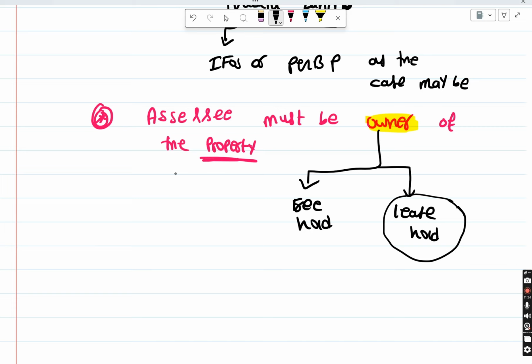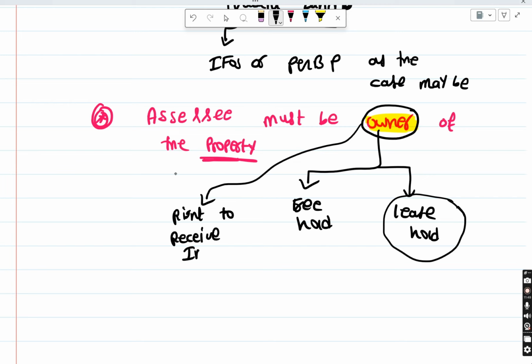Fine. Then, this is just for theoretical purposes. Owner means obviously what? You have a right to receive income, right? If you have a property and if you are the owner, obviously you have a right to receive the income.